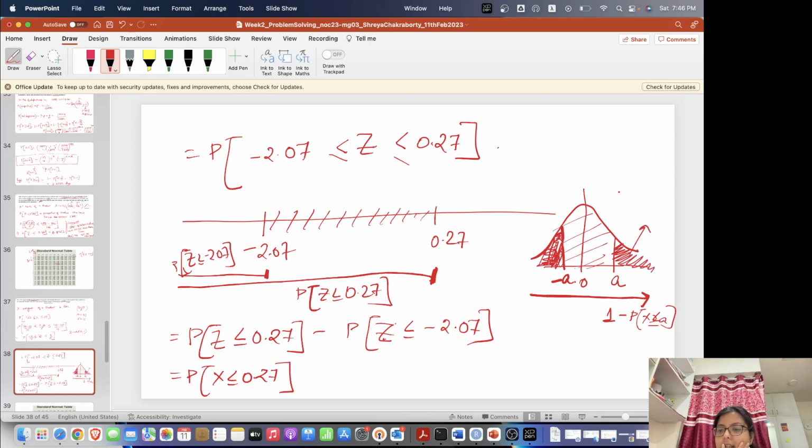So this is nothing but 1 minus probability x less than or equal to a, total minus whatever we have. Since this is symmetric about 0, we can write probability z less than or equal to minus 2.07 as 1 minus probability z less than or equal to plus 2.07.